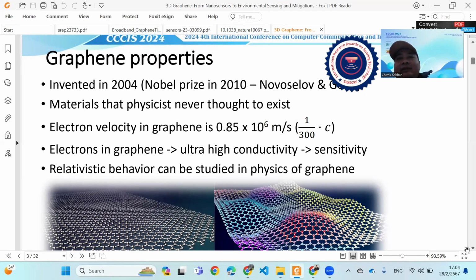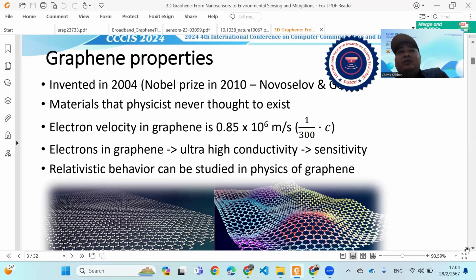So the band gap is closed, and the electrons in graphene travel like waves, like light. The velocity is about 1/300 of the velocity of light, so electrons travel in graphene very fast.